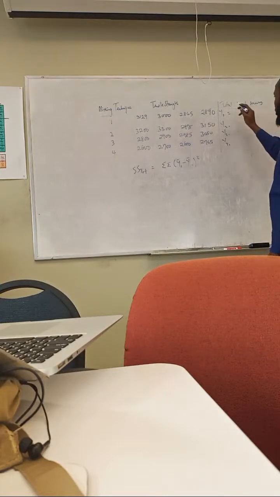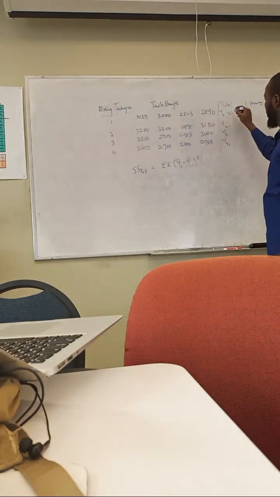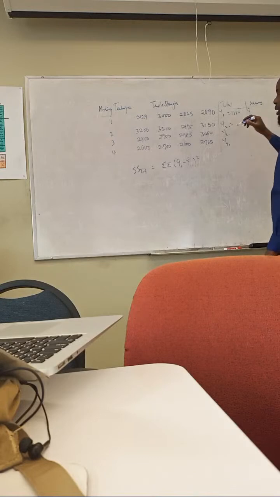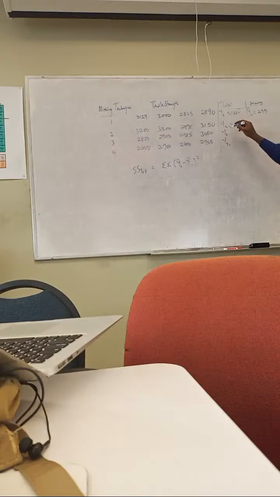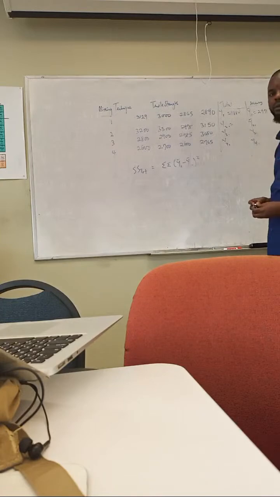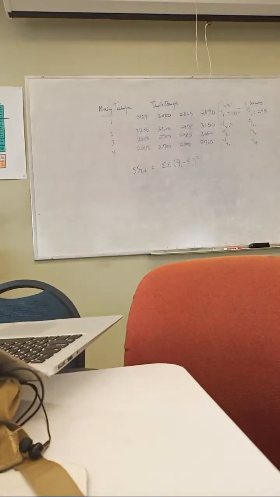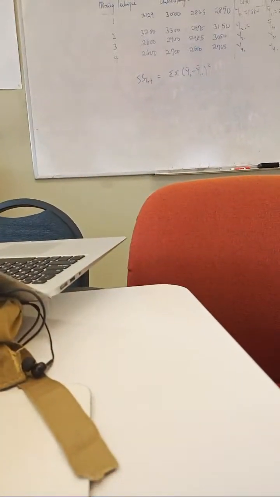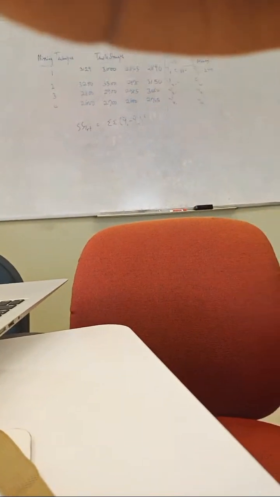The sum of the first one is 11,884. Then find the average, dividing by 4: 2971. What about y2 dot, the sum of the second one? 9655.